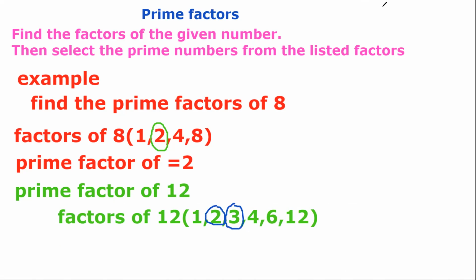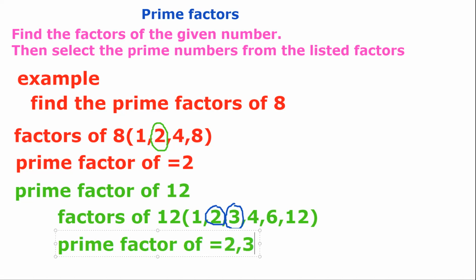So the prime factors of 12 are 2 and 3. Okay, good. So that is the prime factors.